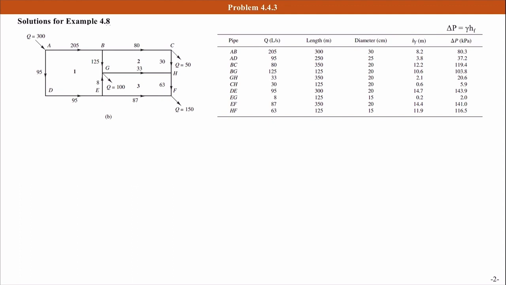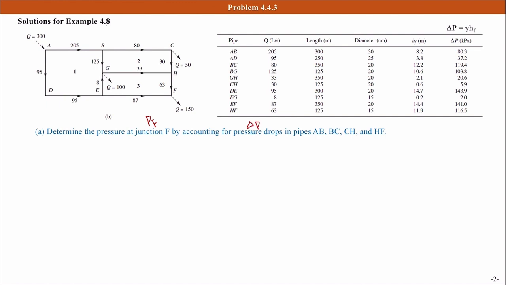Let's take a look at question A. We need to determine the pressure at junction F by accounting for pressure drops in pipes AB, BC, CH, and HF, because it asks us to calculate the pressure at point F by the pressure drops.